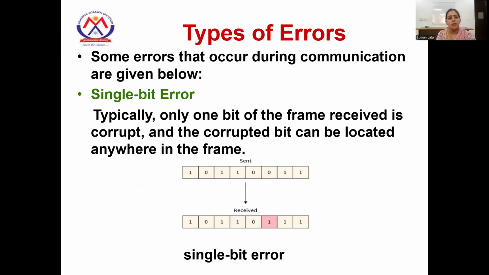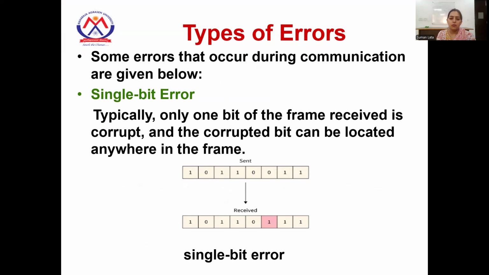Types of error. Next, some errors that occur during communication are given below. First is single bit error. Typically, only one bit of the frame received is corrupt, and the corrupted bit can be located anywhere in the frame.